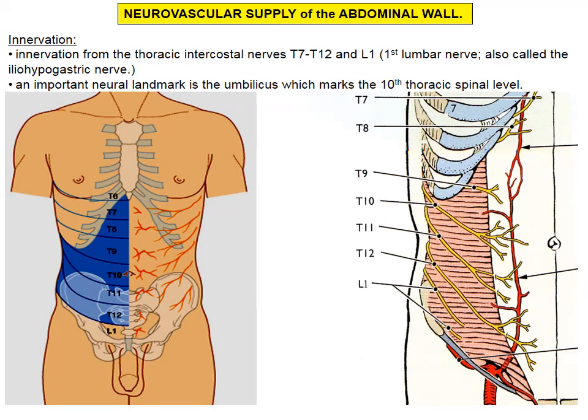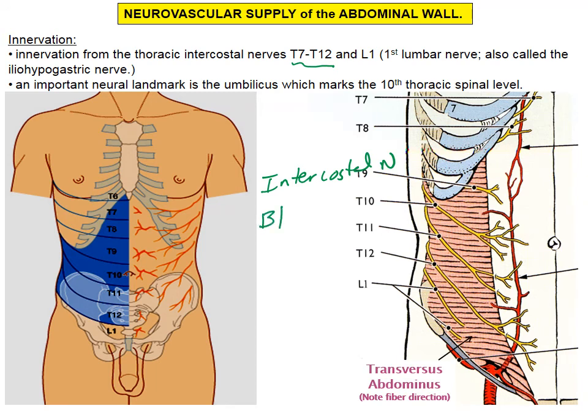So these muscles in the abdominal area get innervation from the intercostal nerves of T7 through L1. Okay, and we'll leave it at that. So we'll just call these intercostal nerves. And these intercostal nerves course between internal oblique and transverse abdominis.